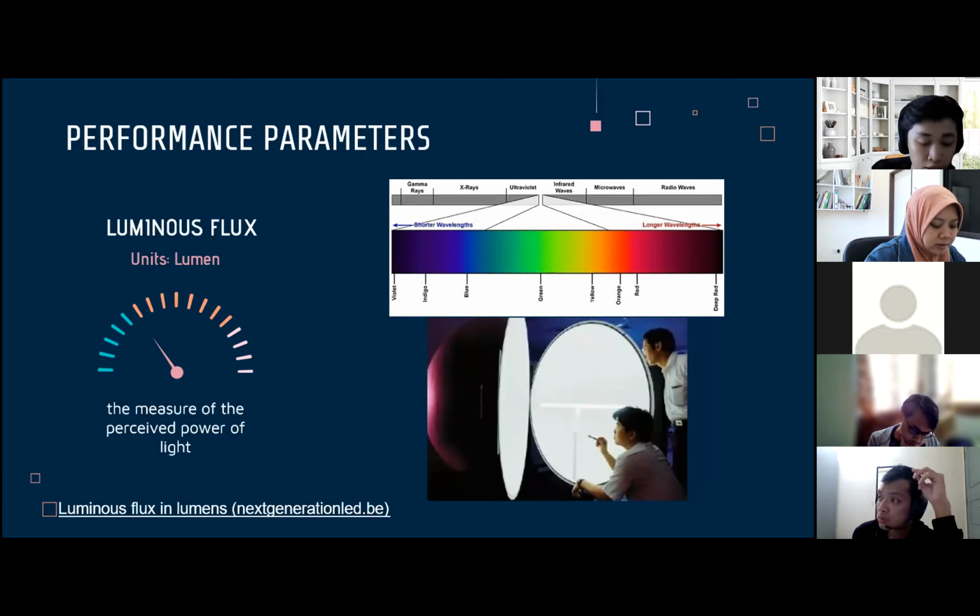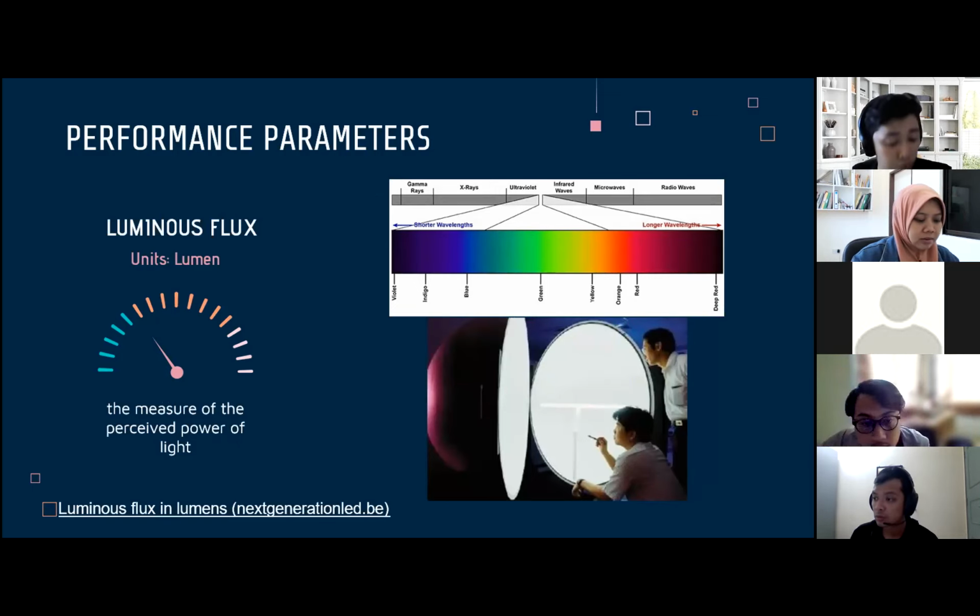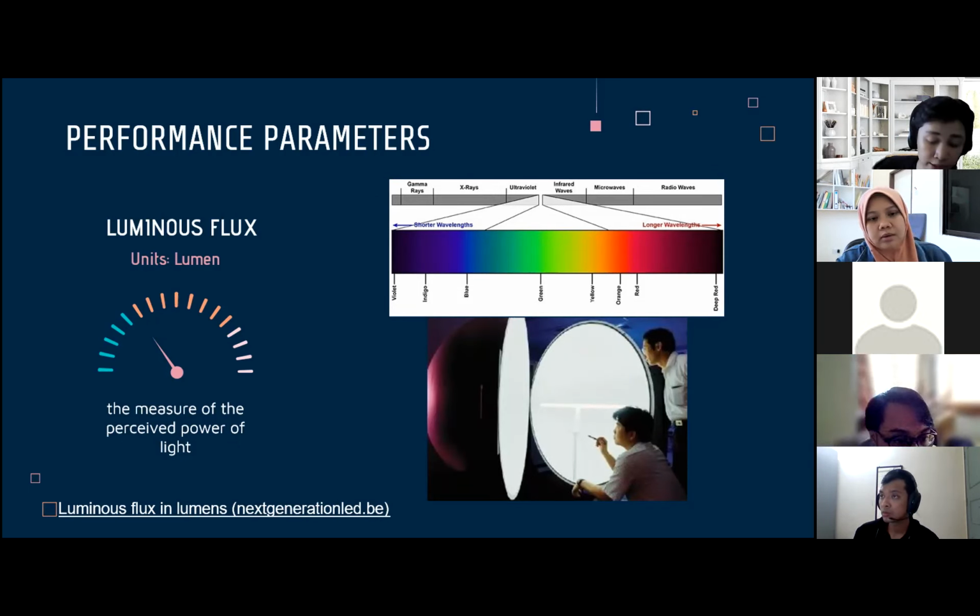It means the range that we can see with our eyes. And if a source emits ultraviolet or infrared, although it is not visible to the human eye, it does not contribute to luminous flux. It is measured using a special chamber with the lamp placed inside, so it captures the entire luminous flux of the lamp.